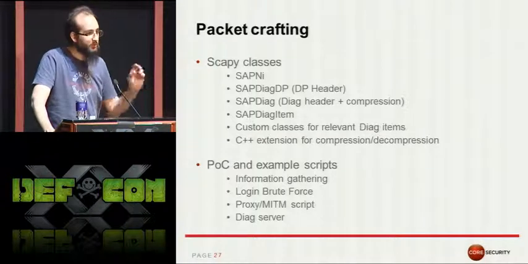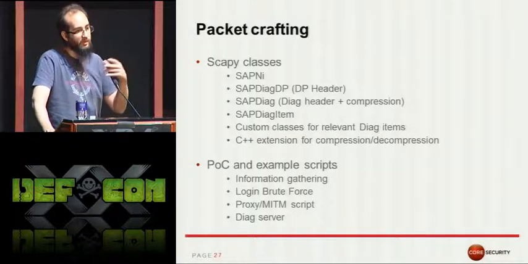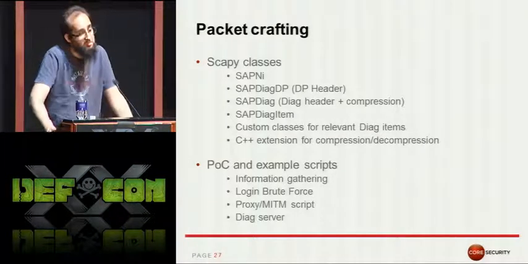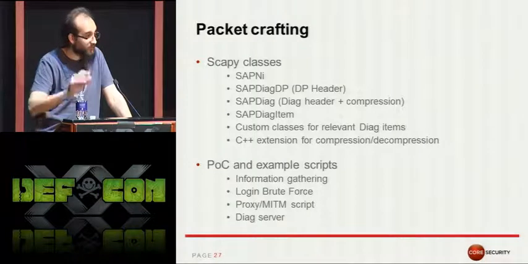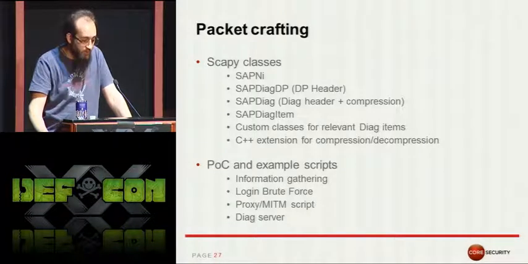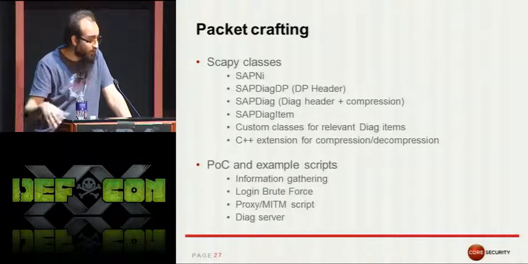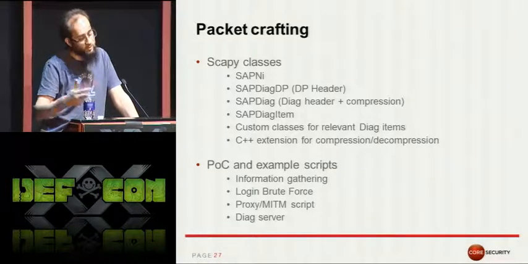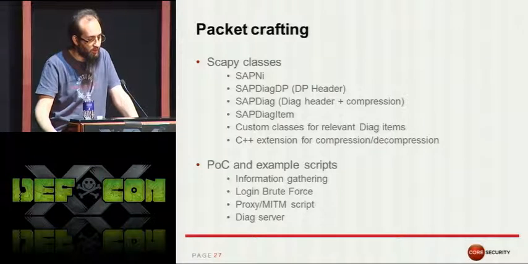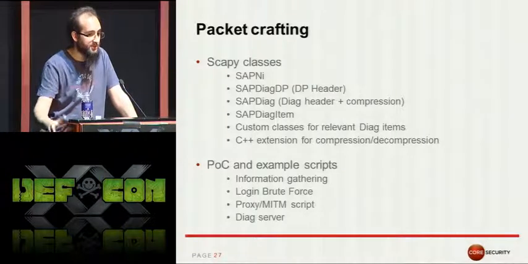Some custom classes are included for the relevant items, but you can also create different classes for the different items. The tool also includes an extension for all the compression and decompression, which is based on the compression functions being public.